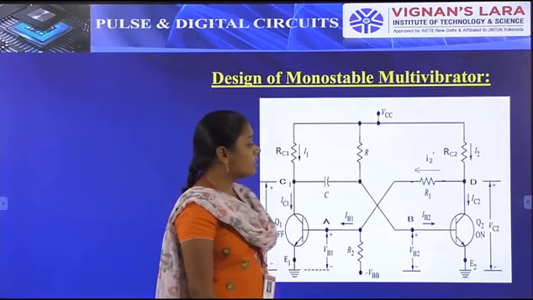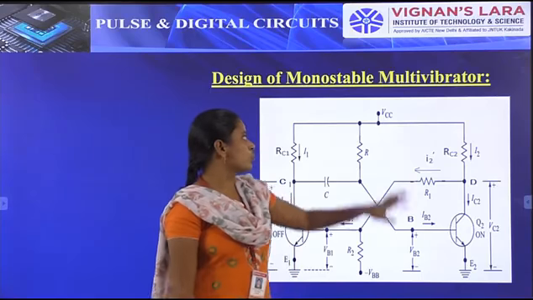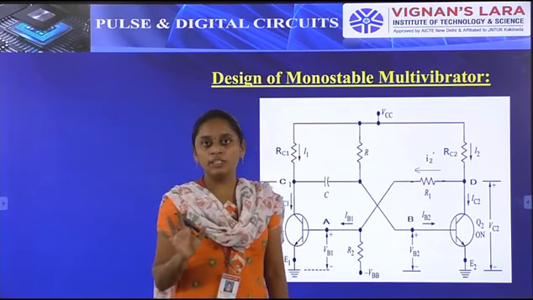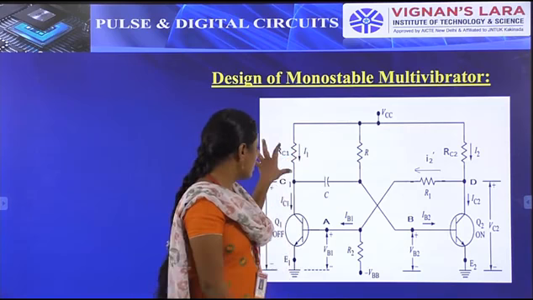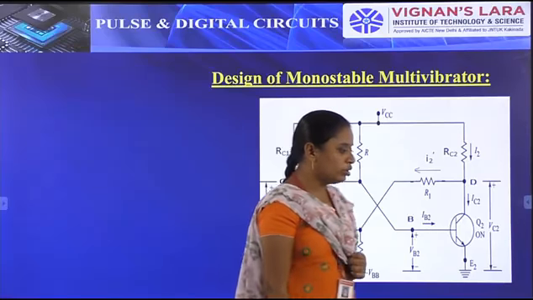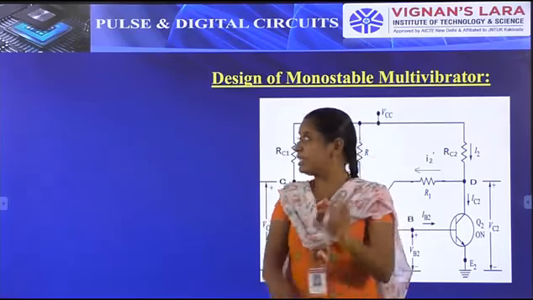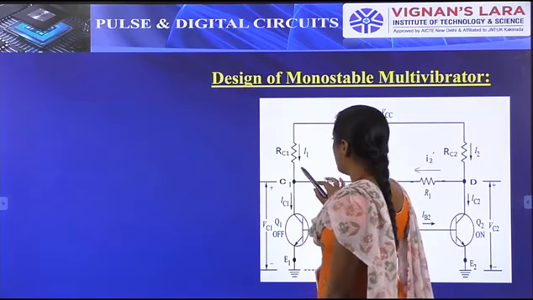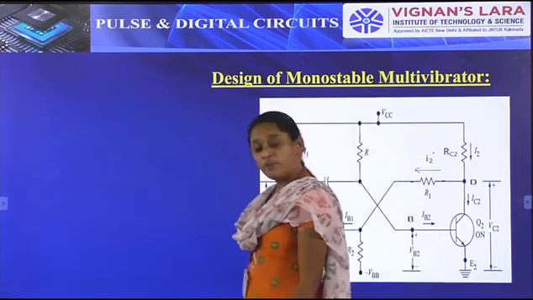And what is meant by designing? In the designing process, they have to give the voltages and currents and we have to find the resistor and capacitor values. Assume the first condition: they give the values VCC, the current IC2, and the HFE value if required.